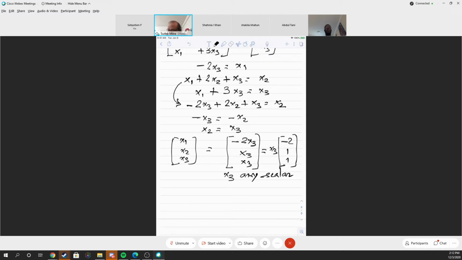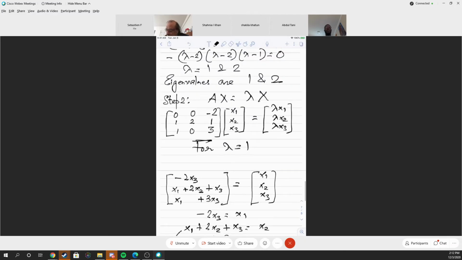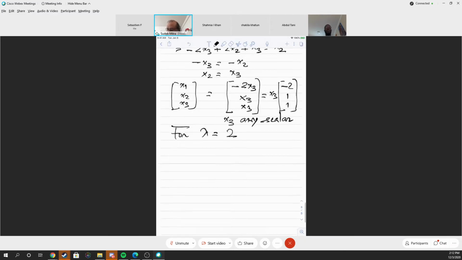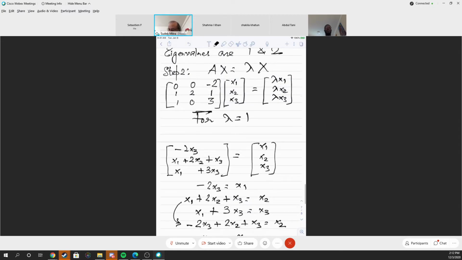Now for lambda equal to, I think 2, isn't it? What do you have? Let me get it correct.